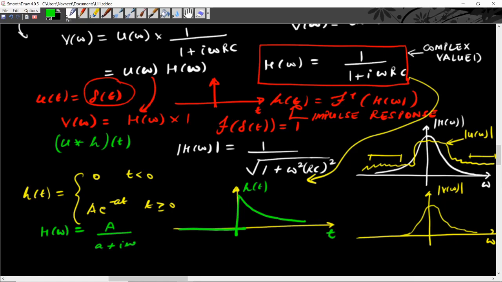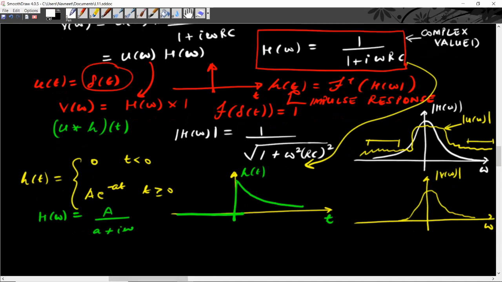And therefore, if we compare the Fourier transform of our impulse response function h of omega with this function, we can clearly see that in our case, for the RC circuit, the impulse response function is given by 1 over RC e to power minus t over RC for t greater than or equal to 0 and 0 for t less than 0.